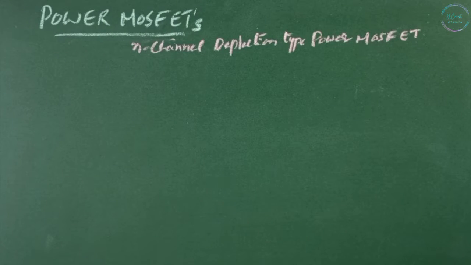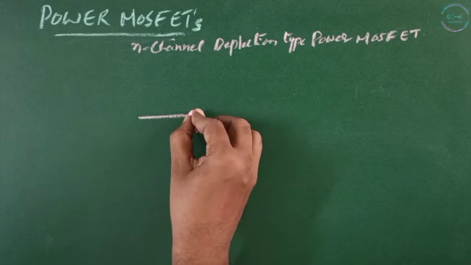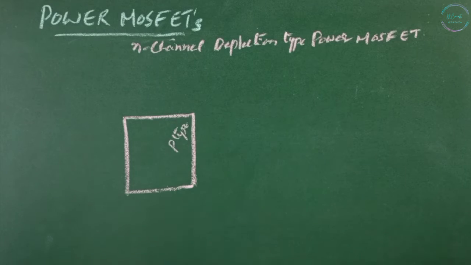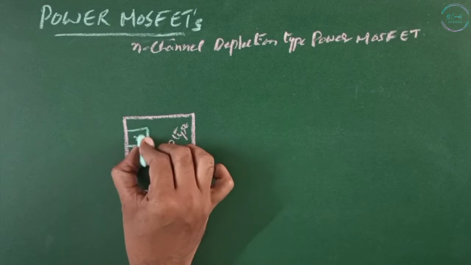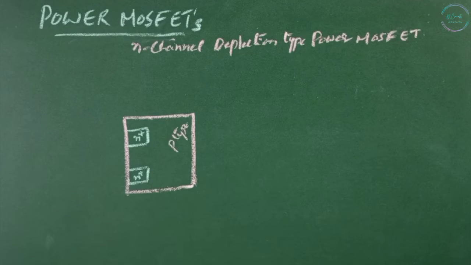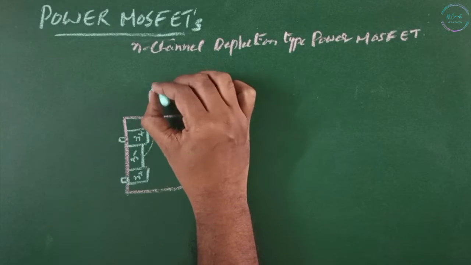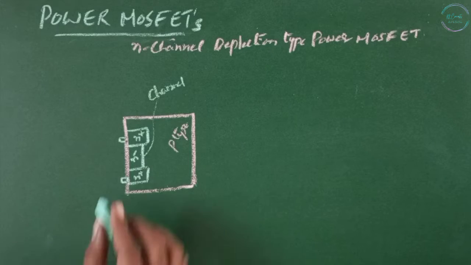N-channel depletion type power MOSFET is formed on a P-type silicon substrate, with two heavily doped N plus silicon low resistance connections. The gate is isolated from the channel by a thin oxide layer.